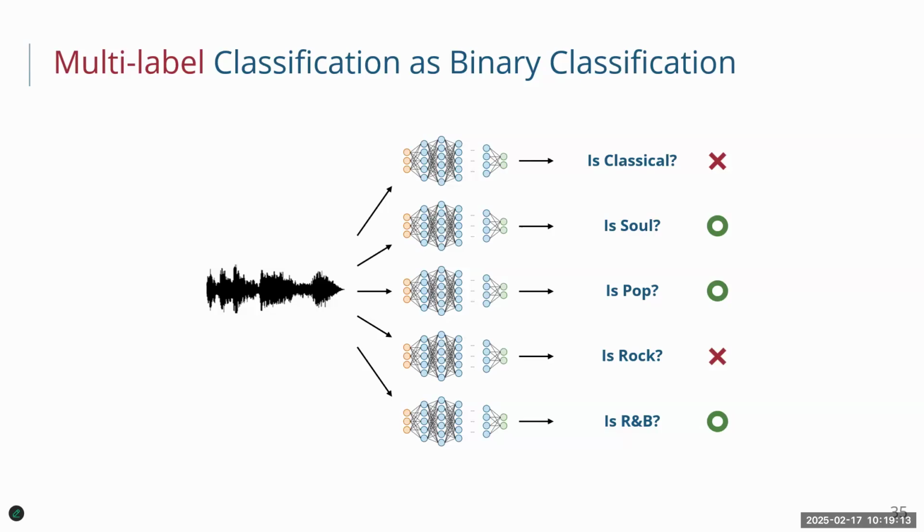Sometimes there are hierarchical tagging systems, where you have rock. Then what kind of rock is that? Is it alternative? Is it indie rock? What other rock do we have? Funk, or is funk part of rock? No. Well, I'm being very controversial, but yes, hierarchical classification could be a thing.